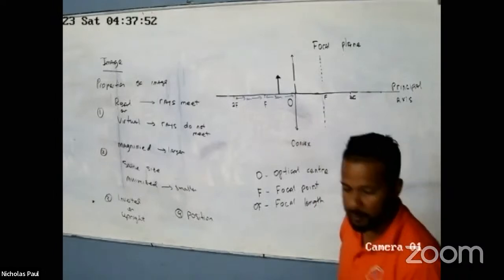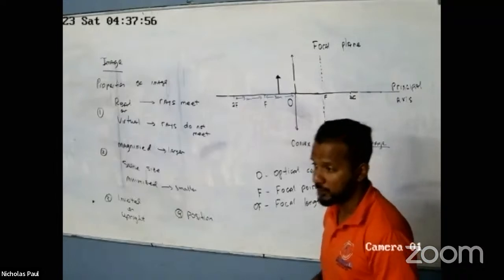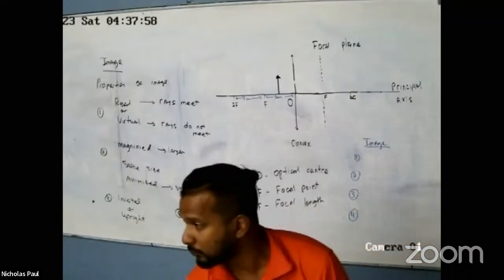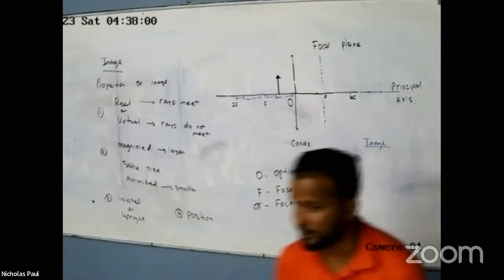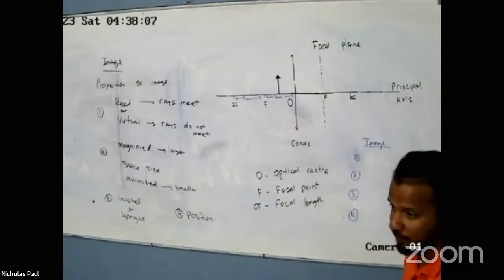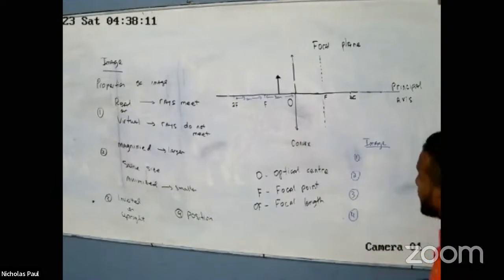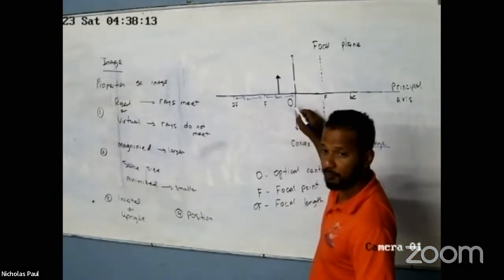All right, good. Y'all ready? Y'all see the little problem there? What's the problem? They're not meeting. So the problem is that we're going to produce a virtual image here. So I want to show you how to obtain a very good position. Watch this. Everybody ready?